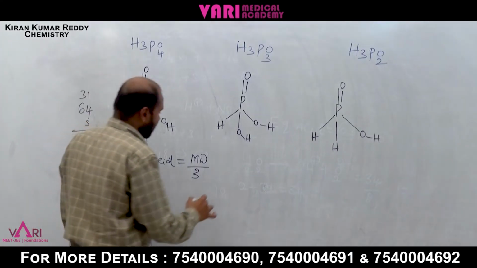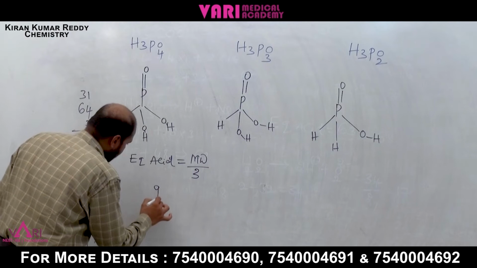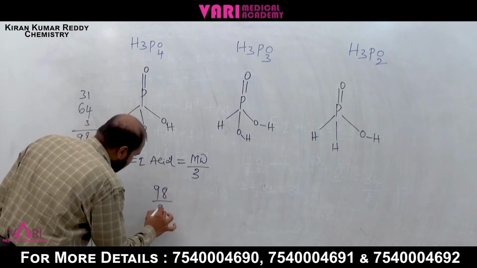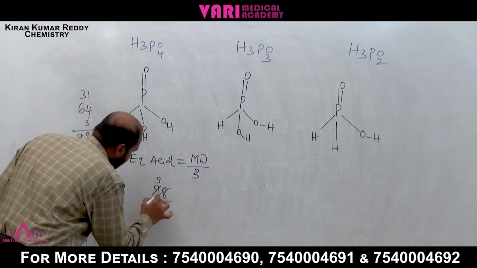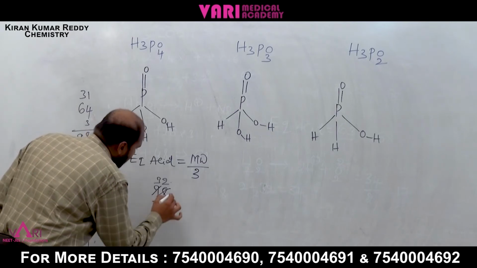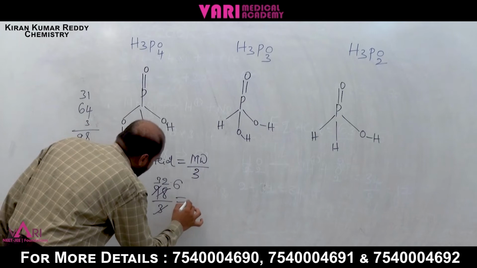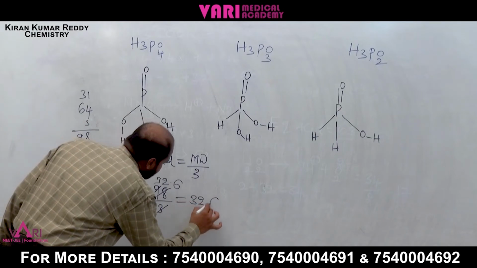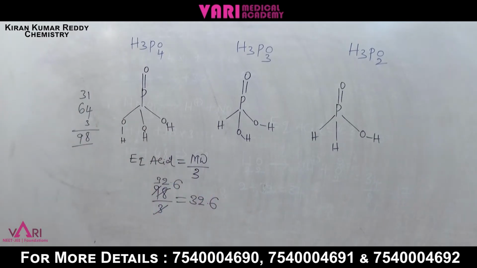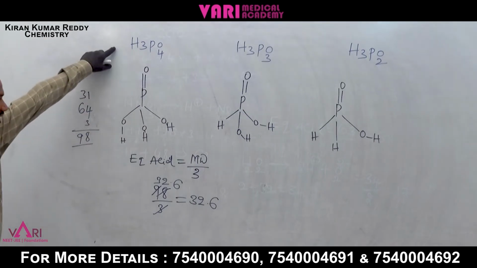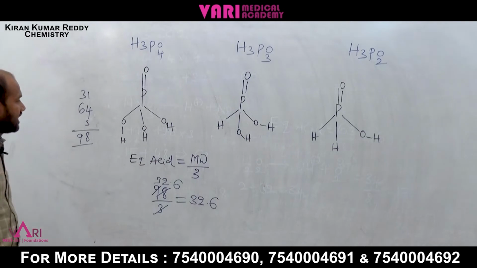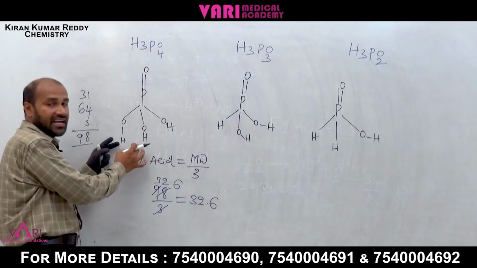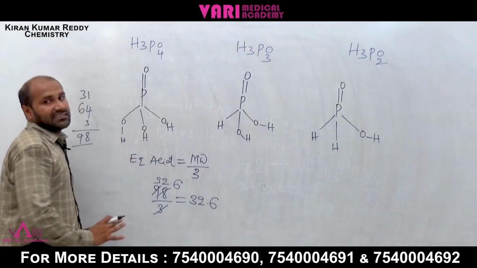Now it is 98 by 3, which is 32.6. What is the gram equivalent weight of H3PO4? 32.6. Why 32.6? Because the number of hydrogens joining with oxygen here is 3.